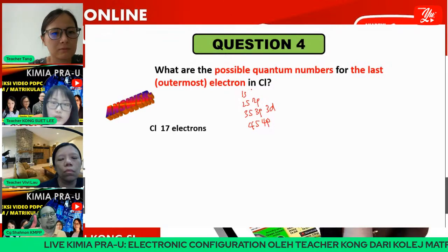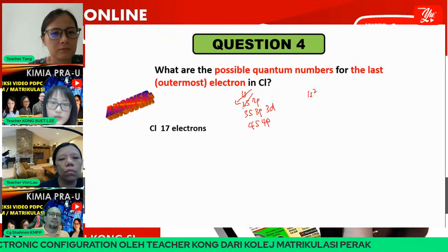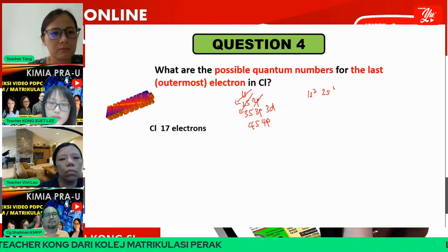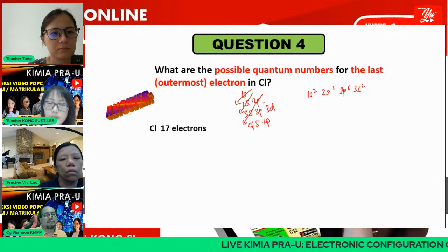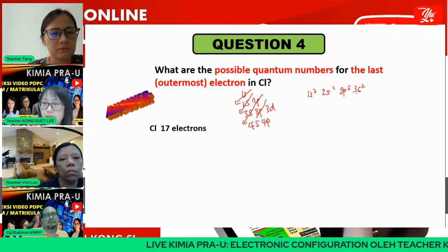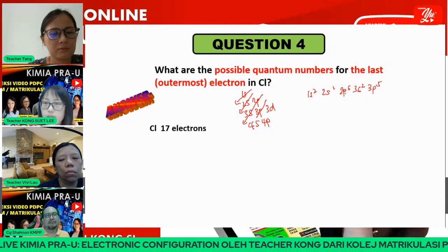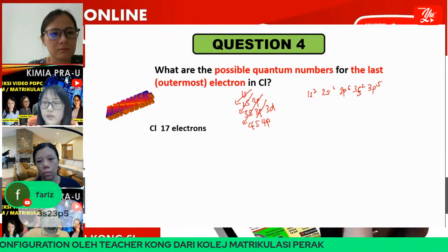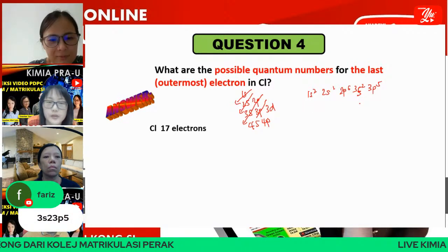You have to follow this. 1s2, then 2s2, then 2p6, 3s2, and then 3p5. Check: 2, 2, 6, 2, 5, that makes 17.